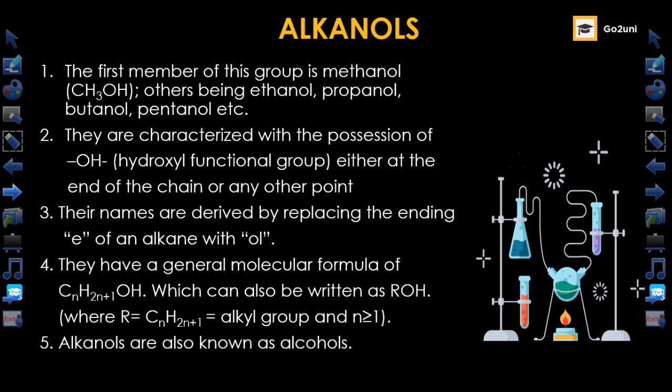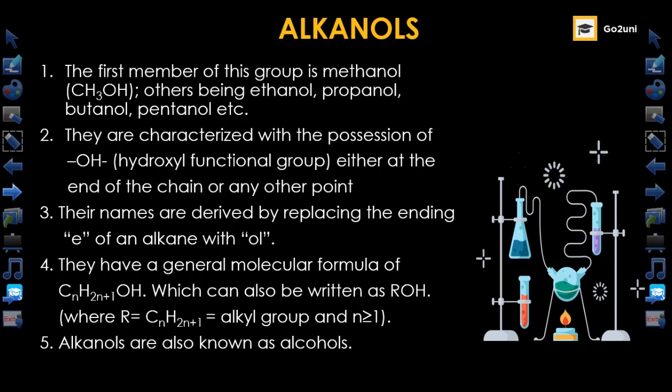Alkanols have a general molecular formula of CnH2n+1OH, which can also be written as ROH. So it implies that CnH2n+1 is equal to R. R in chemistry is referred to as an alkyl group.